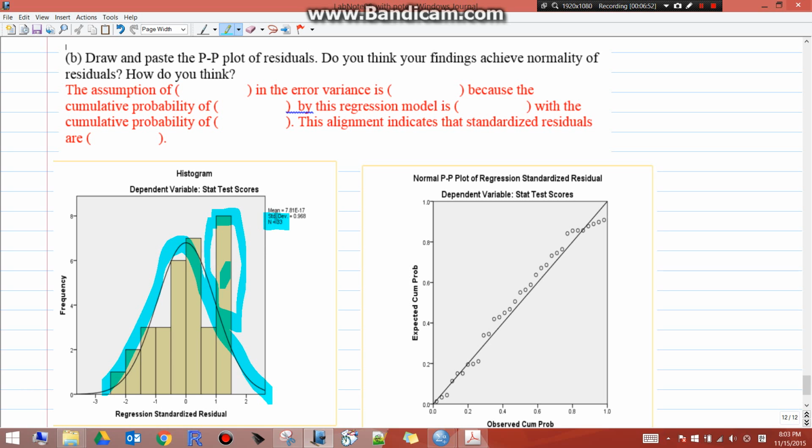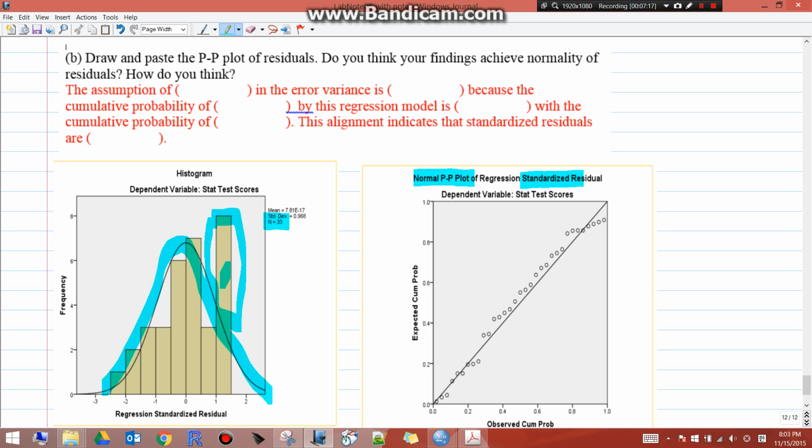So we have to keep this in mind. Our data is only approximately 30 cases. And so approximately, we could say according to the histogram, our errors are normally distributed. And then let's look at the normal PP plot of what?